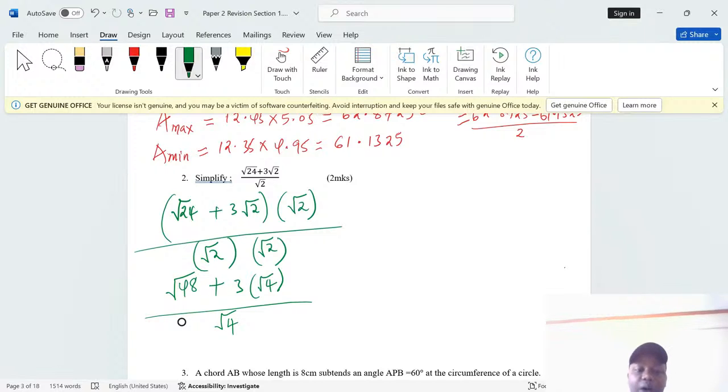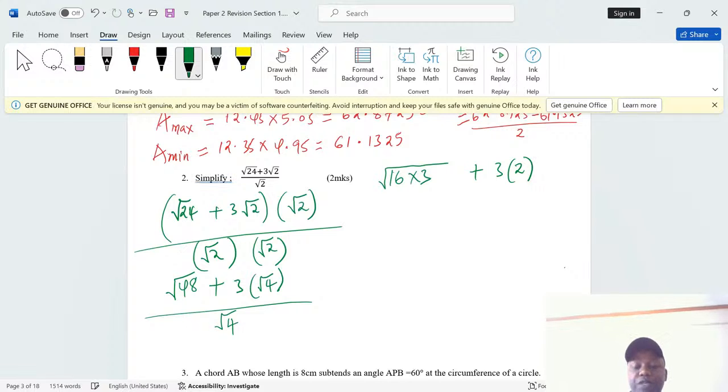At that point now, we can simplify our surds. The root of 48 is the same as the root of 16 times 3. Then plus 3 multiplied by the root of 4, which is a rational number, that is a 2, divide by the square root of 4 again, which is 2 at the denominator.